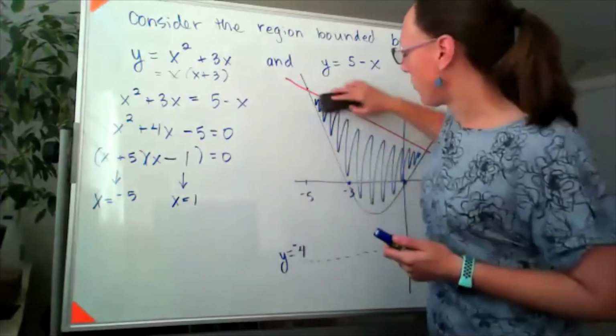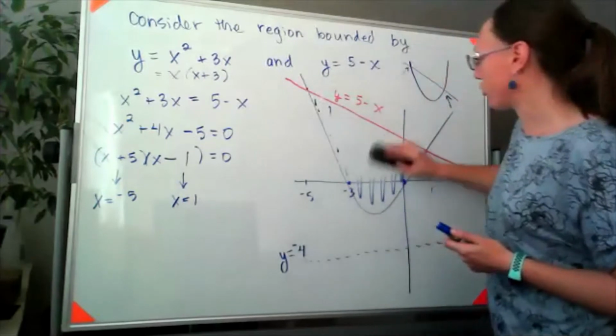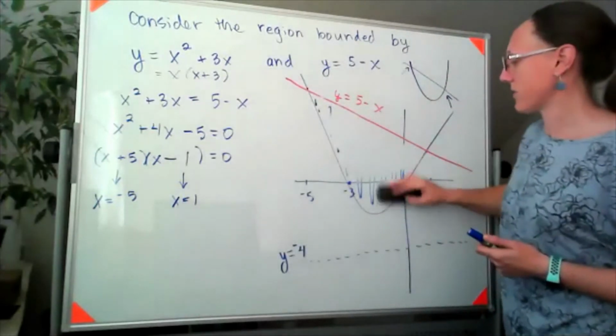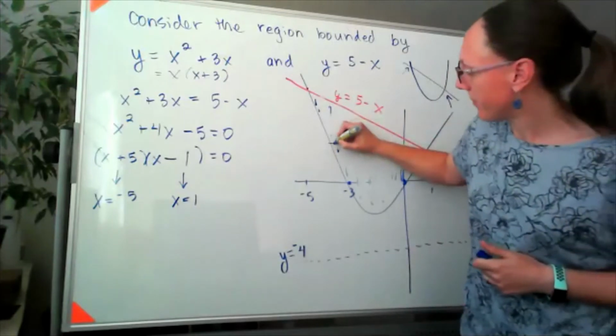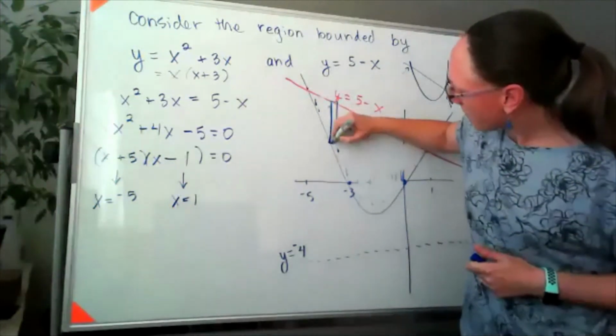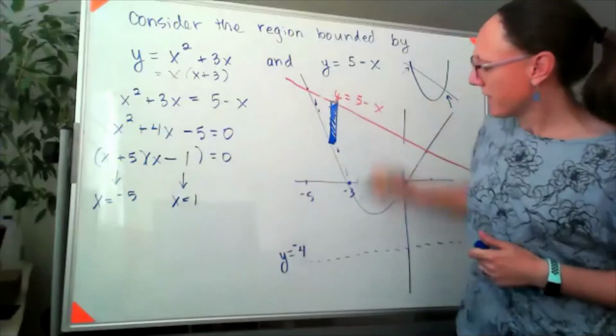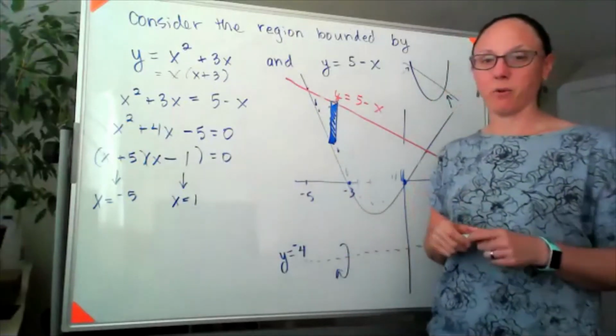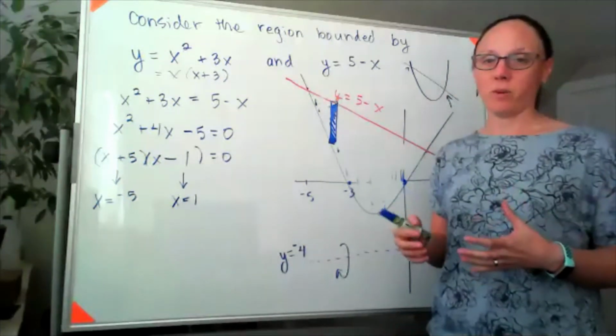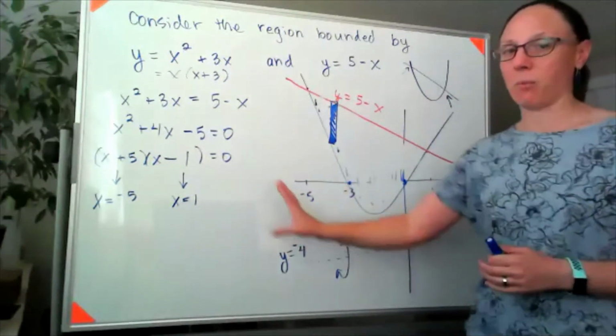Let's actually draw a rectangle in for ourselves, to draw in that arbitrary cross-section. When I spin this around y equals negative 4, the shape that we get is going to have this hollowed out part in the middle.